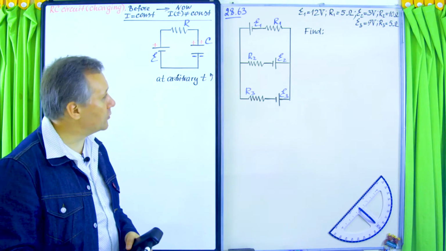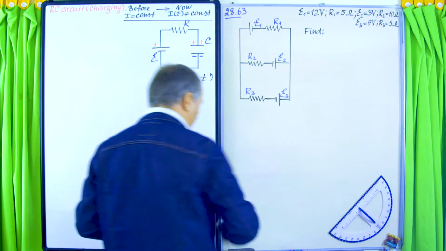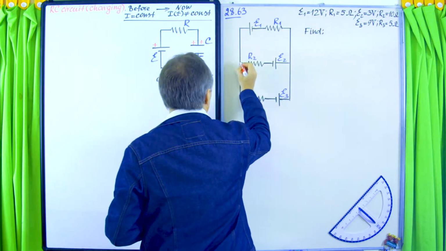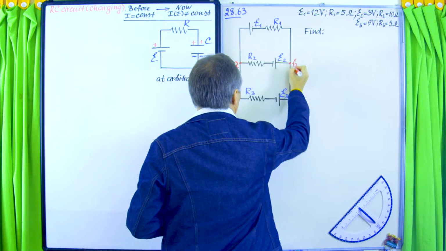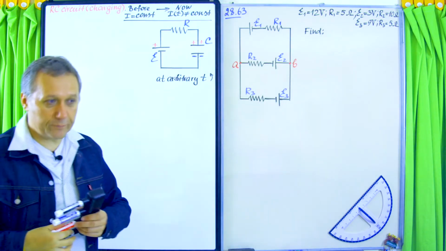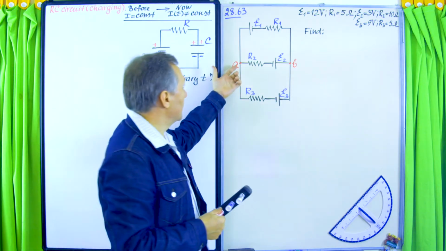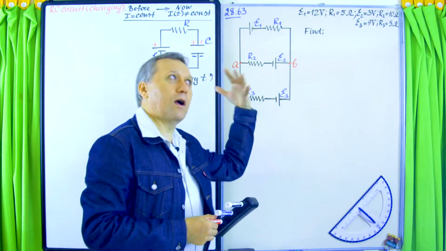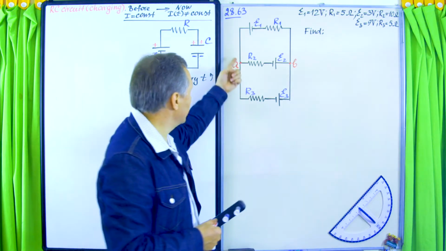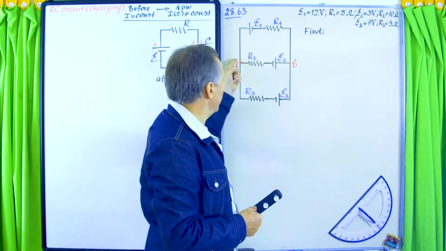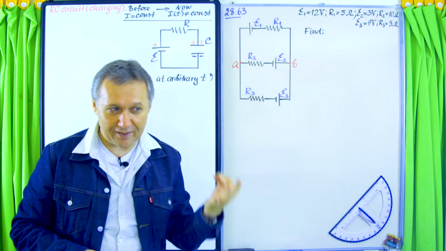So first step, of course, you need to identify all junction points. In this case, I label this way: this will be my junction point A, and this will be my junction point B. That is our first step. Then second, since currents change only at the junction points, it means that in this upper part of the circuit, from point A to point B, the current must stay the same.